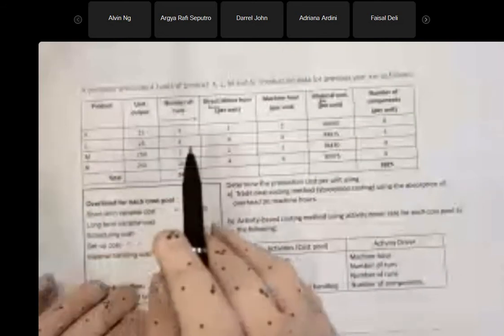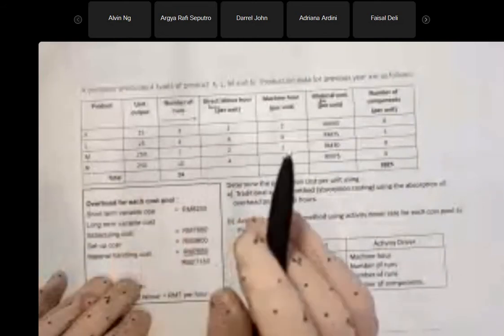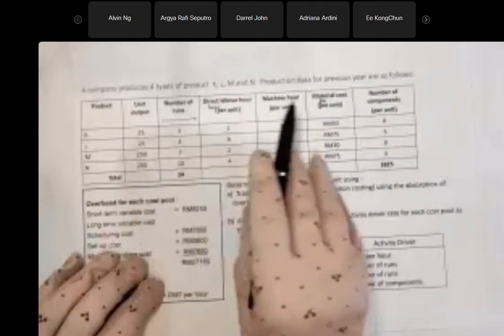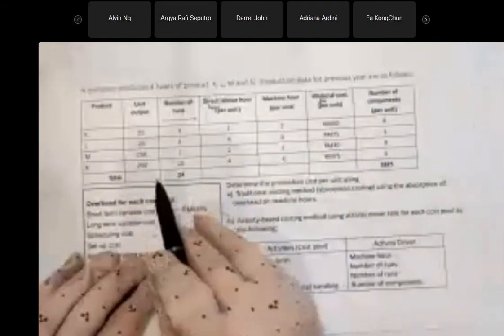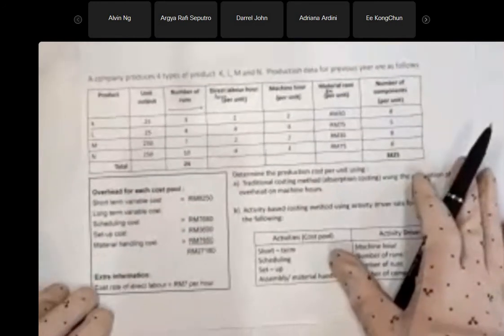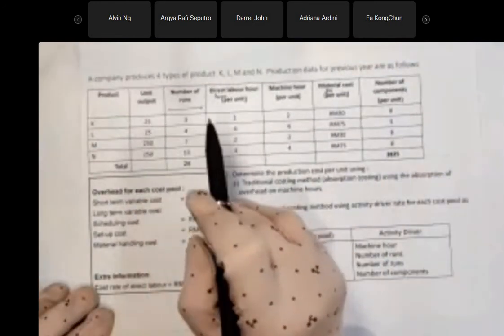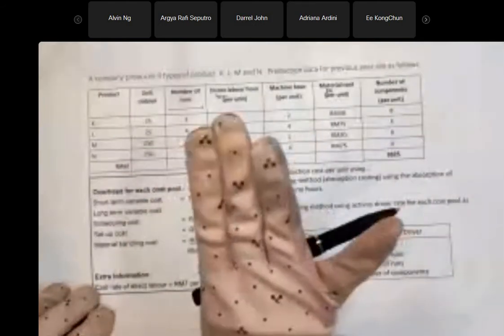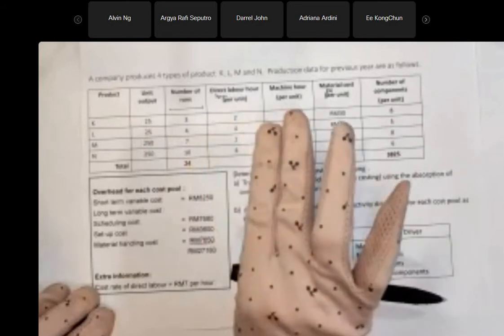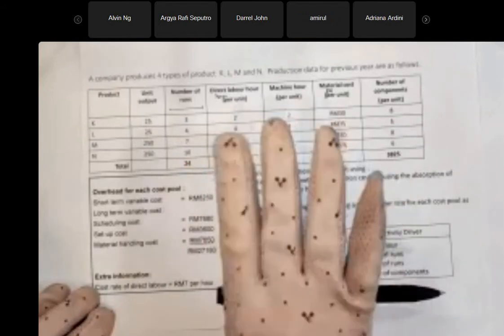Now is traditional costing. In traditional costing, you do not use all the data. You have to select. You know that we have three major costs: first is material, second is labor, third is overhead.